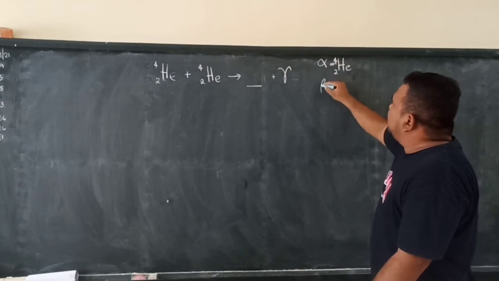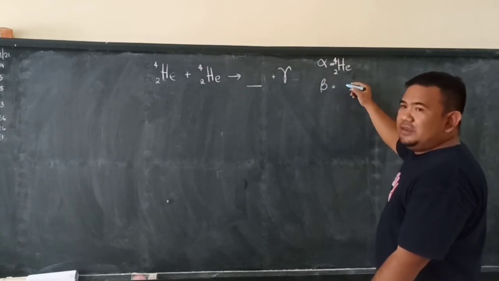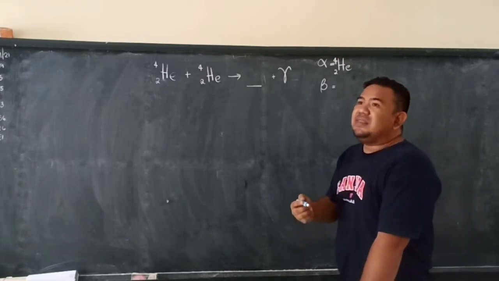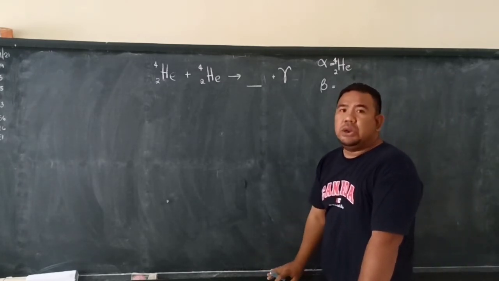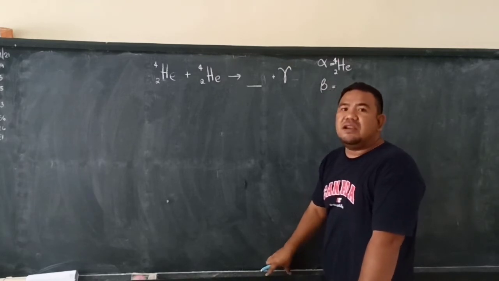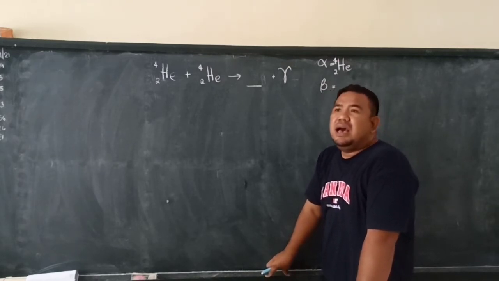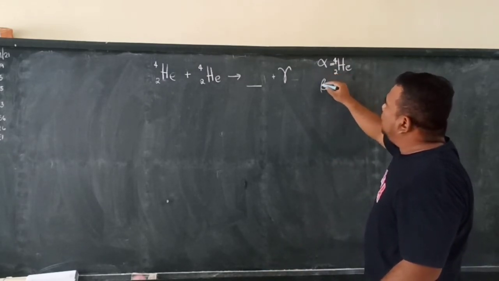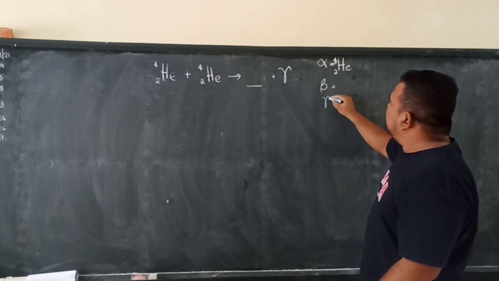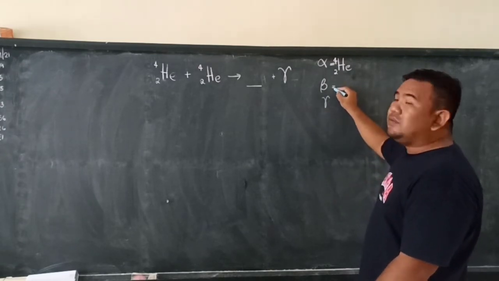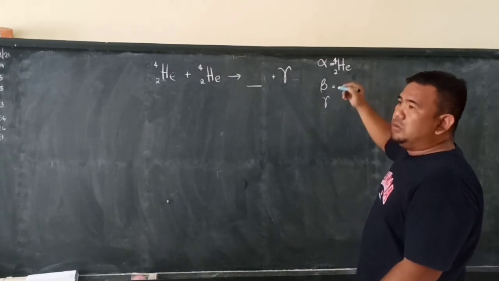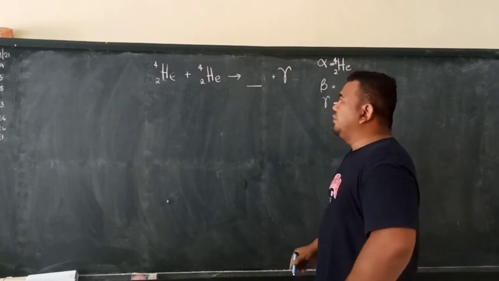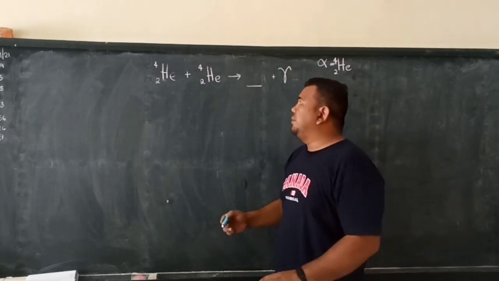You have beta, which is your positive electron or positron, or it can also be a negatively charged particle, a high energy negatively charged particle, which has either negative or positive. This one usually converts neutron to proton or proton to neutron. And you also have gamma radiation, which is a type of electromagnetic wave, which is a type of energy.